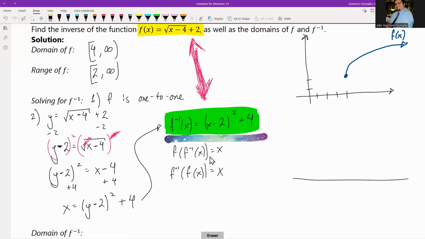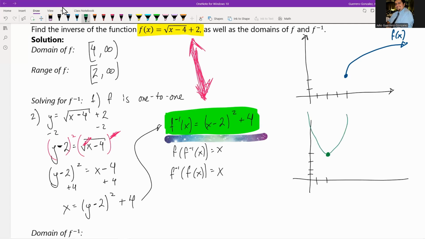Let me actually move this over a little bit. So moved over by 2, 1, 2, and moved up by 4, 1, 2, 3, 4. I'm going to make this a green dot now. And this is a parabola. It's not flipped, right? It's not shifted any more than what's already there. So this graph is this.